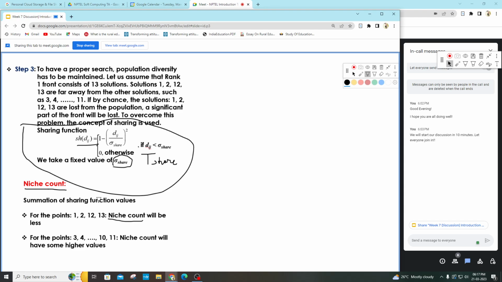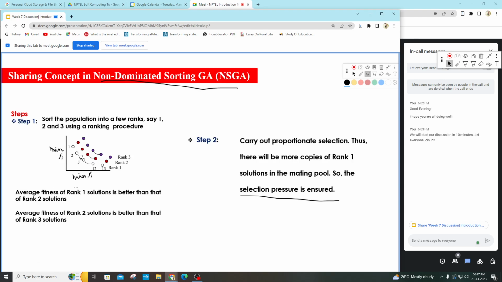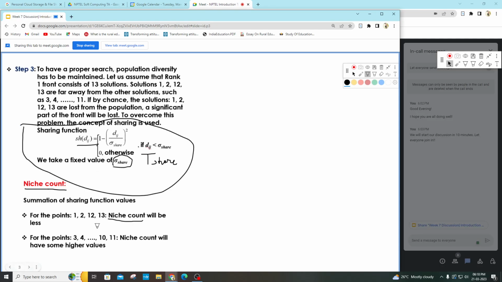If more neighbors are surrounding a point, then these points are crowded by neighbor points more. That is why the niche count for points 3, 4, 10 and 11 have higher values, whereas the niche count of 1, 2, 12 and 13 have lower values.